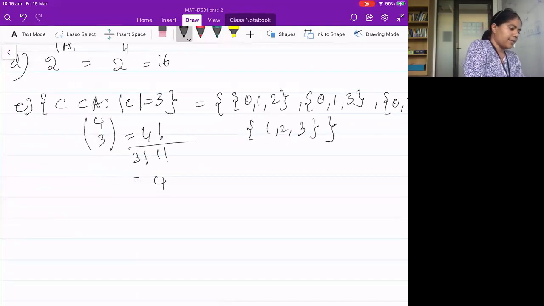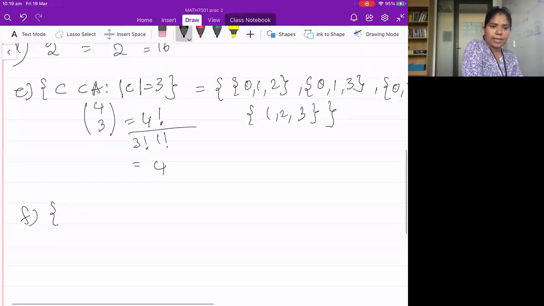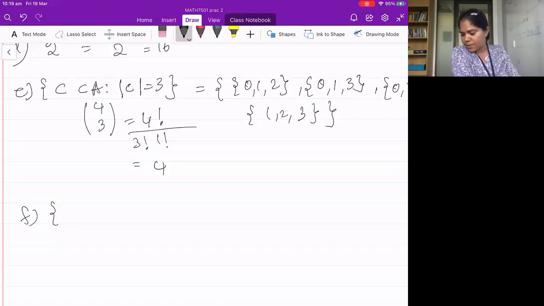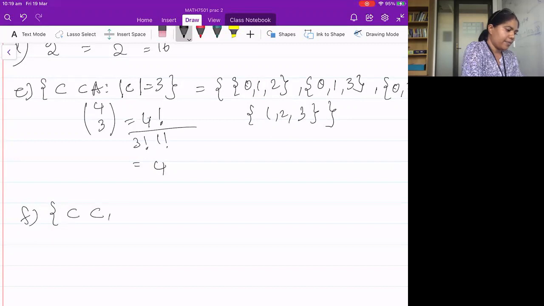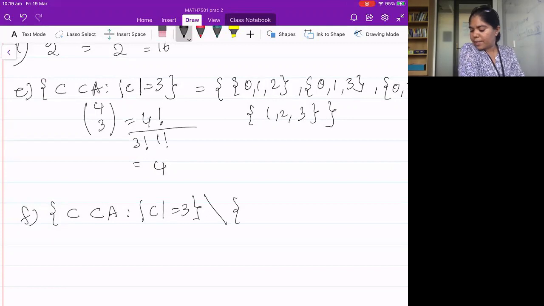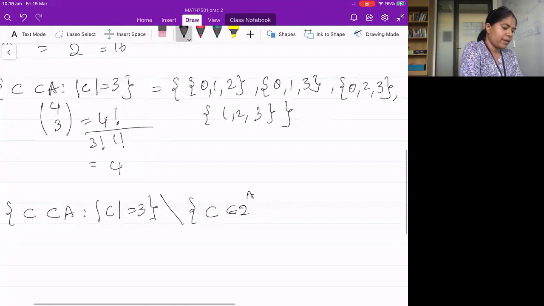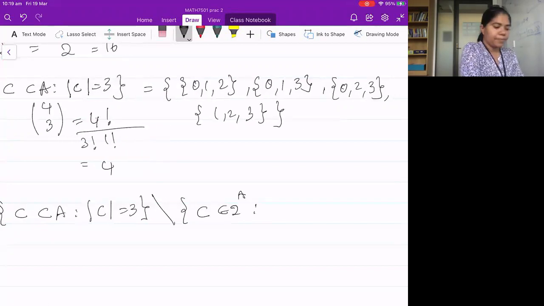I think there is another question that I meant to give you, but let's do the actual question in part D, which is part E. C is a subset of A such that the number of elements of C equals 3, compared with C being an element of the power set of A such that the number of elements is also 3.